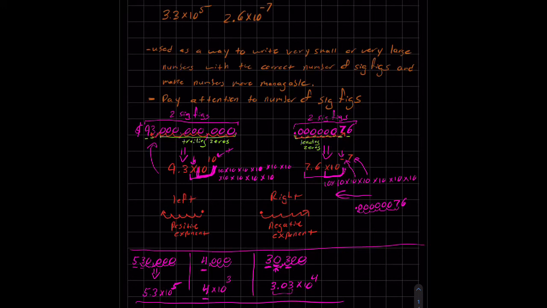Now let's go the other way. Let's say we have 0.0000000604. Write that number in scientific notation.